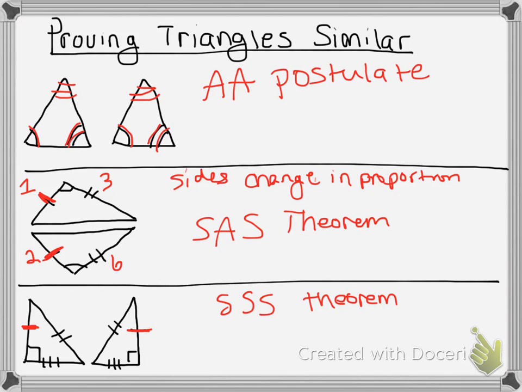We're talking about them being proportional, okay? So, if this is 1, this is 2. If this is 2, this is 4. If this is 3, this is 6. It's all about the sides changing in proportion.